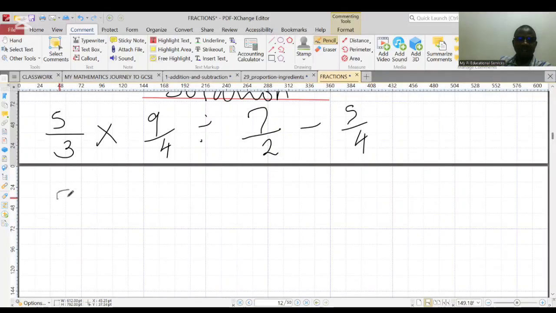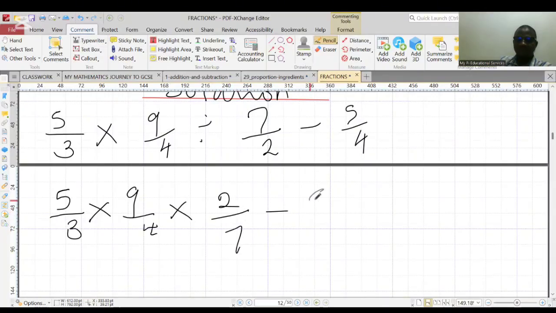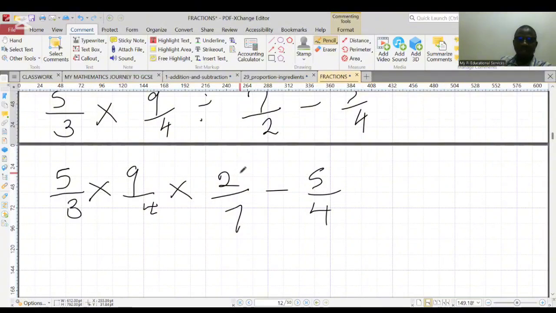So we can have 5 out of 3 times 9 out of 4, then division will change to multiplication, then you flip the next fraction to 2 out of 7, minus 5 out of 4. So here, 2 can go here once, 2 can go here 2 times, 3 can go here once, 3 can go here 3 times.